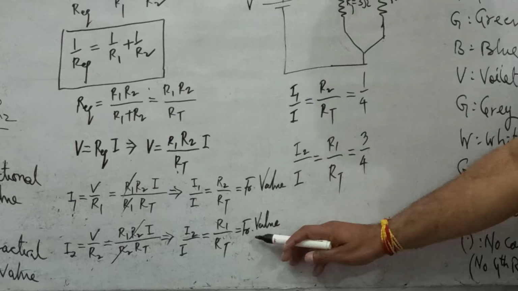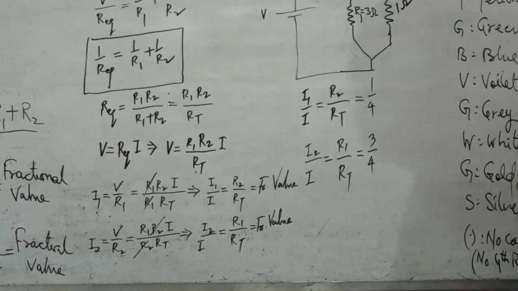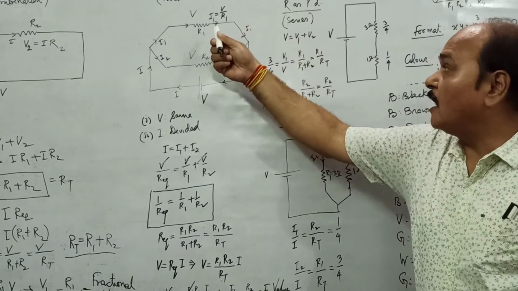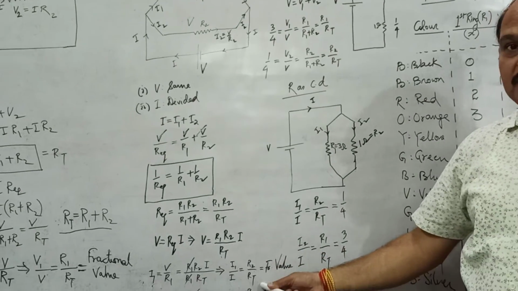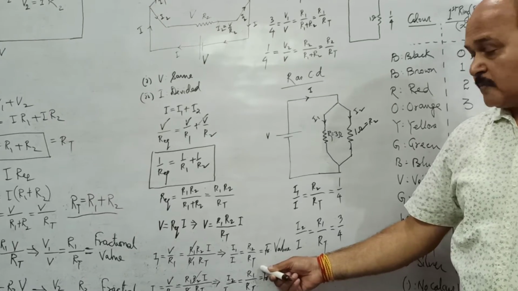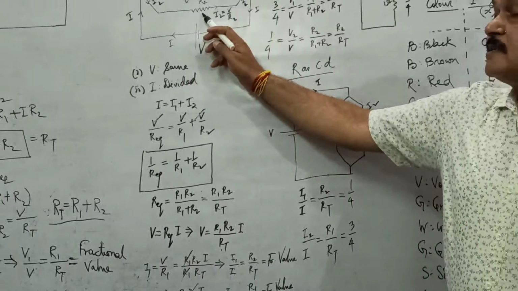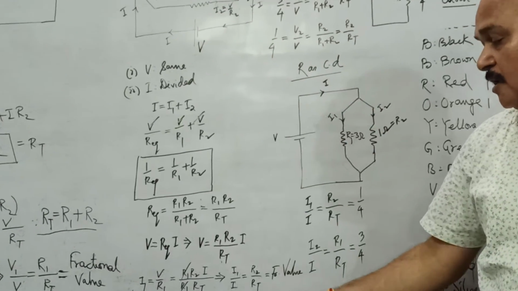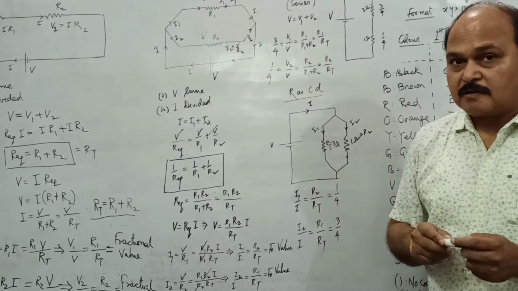This is again a fractional value. So this I1 upon I is the fractional value of current through resistance R1. And what is this equal to? R2 upon R total, the fractional value of resistance R2. This is the fractional value of current through resistance R2. And what is this? R1 upon RT, the fractional value of resistance R1.